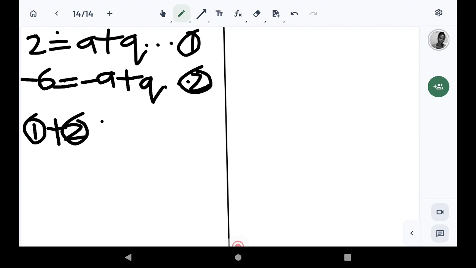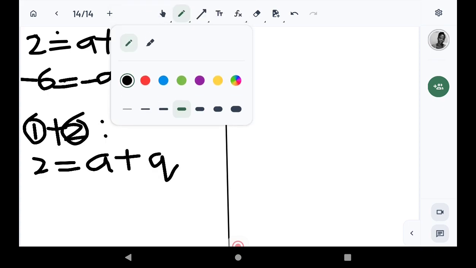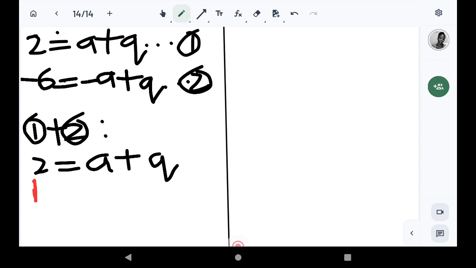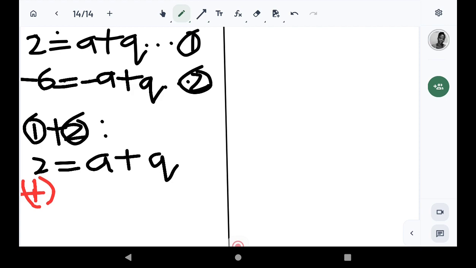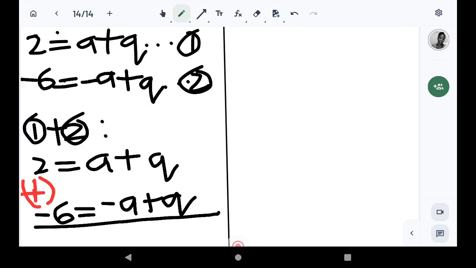Equation 1 plus equation 2: notice how I add them together. 2 plus negative 6 equals A, negative A, plus Q plus Q. From the right hand side, Q plus Q is 2Q.